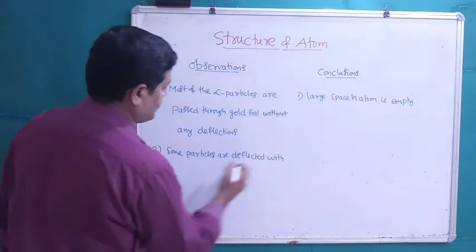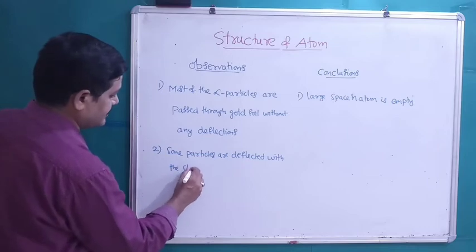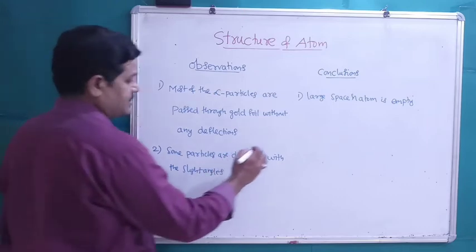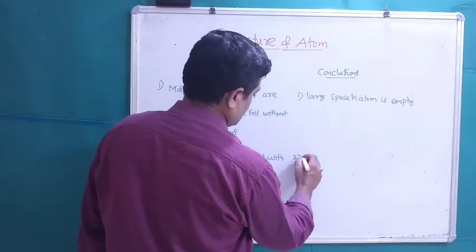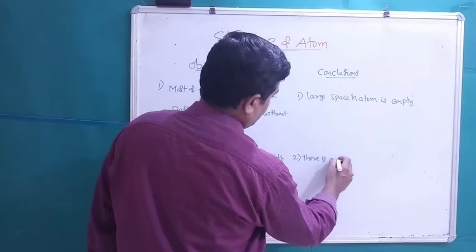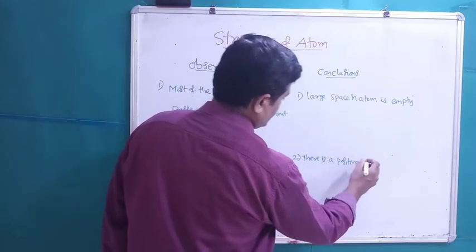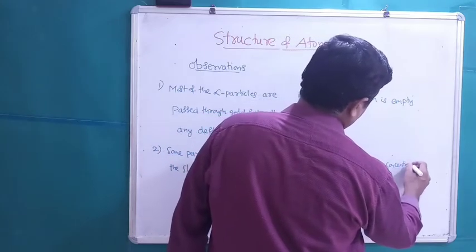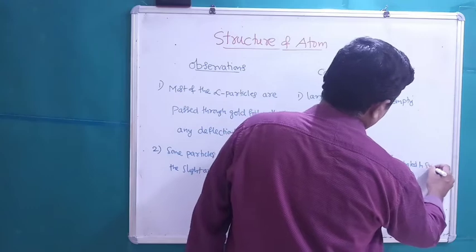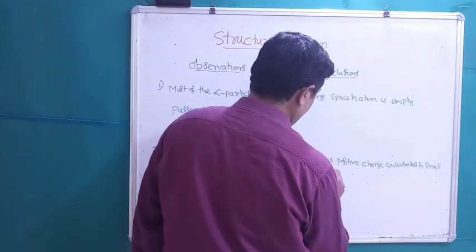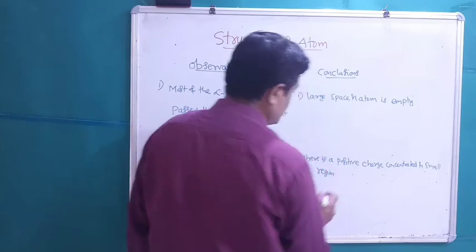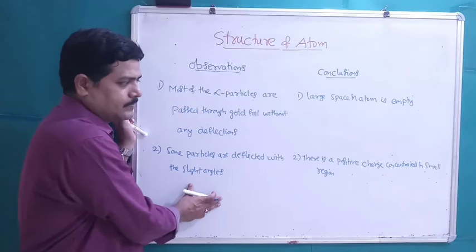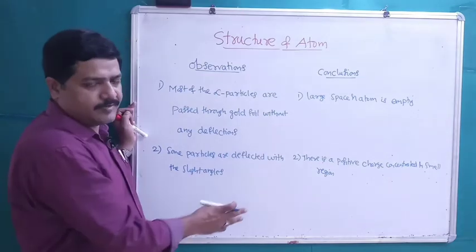The conclusion from this is that there is a positive charge concentrated in a small region, because we know alpha particles have a positive charge, and like charges repel.